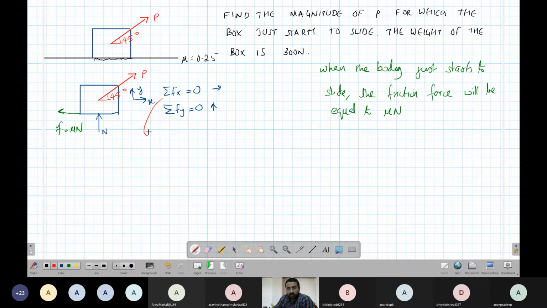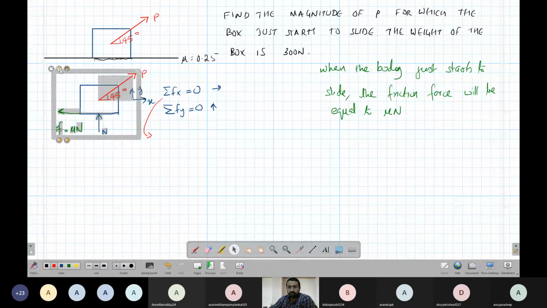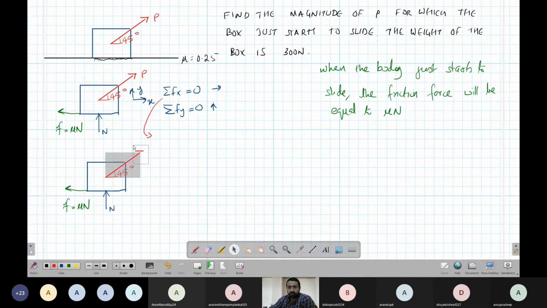It will be better if I replace this force with components. This force has two components: one is P cos 45, the other is P sin 45. You should know components by now. Okay, so this is the full free body diagram.